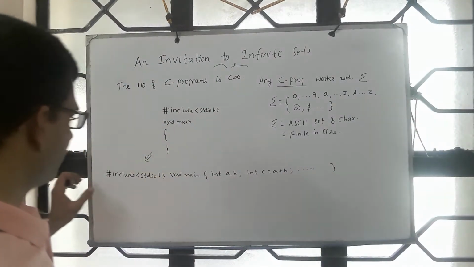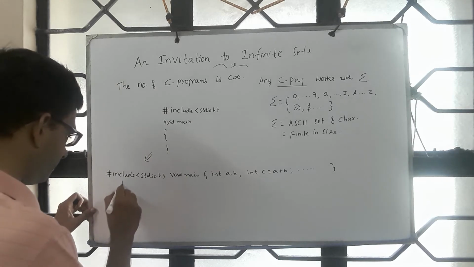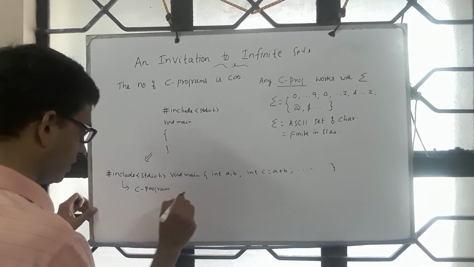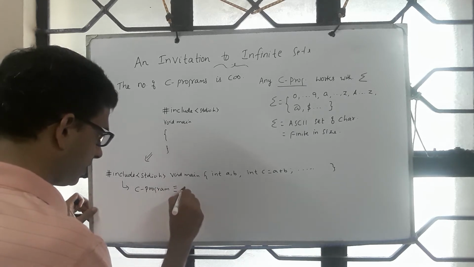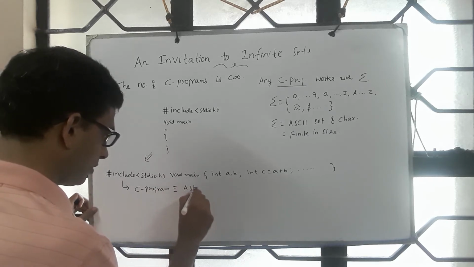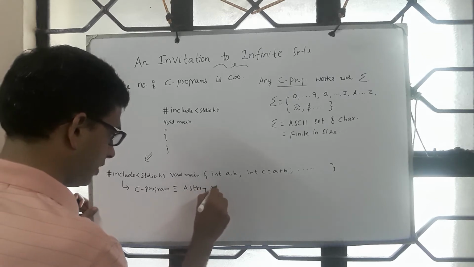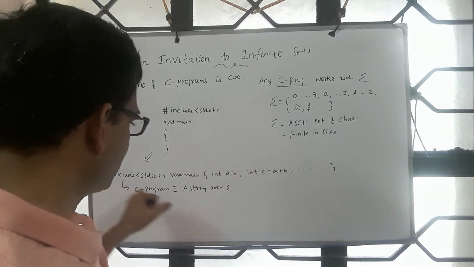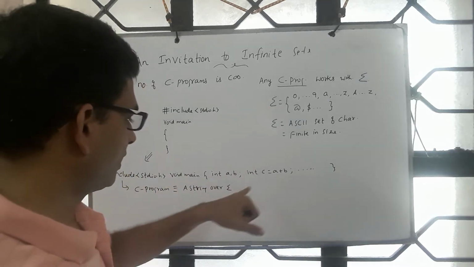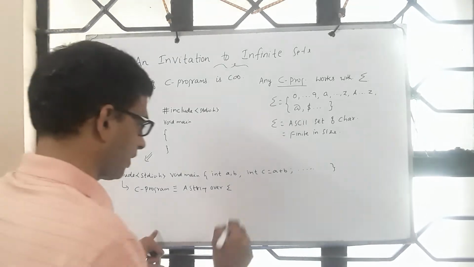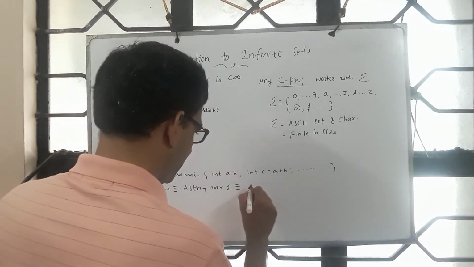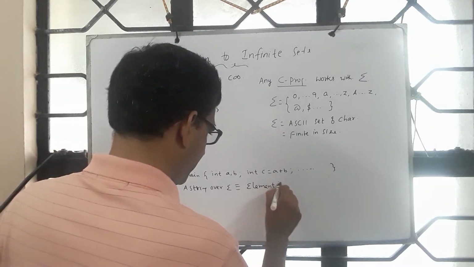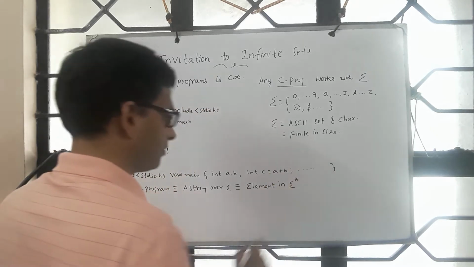Now you can see this C program as a string over sigma. A string is a collection of characters, and the characters come from sigma. Put in other words, this is an element in sigma star.